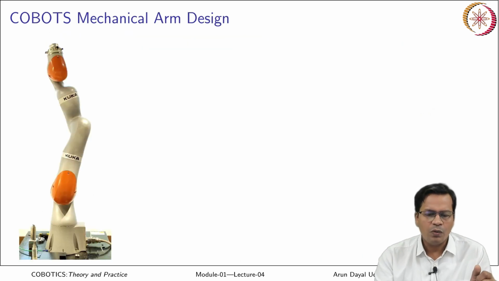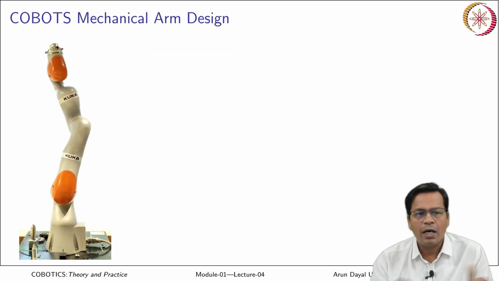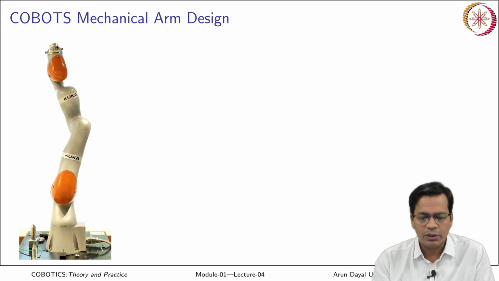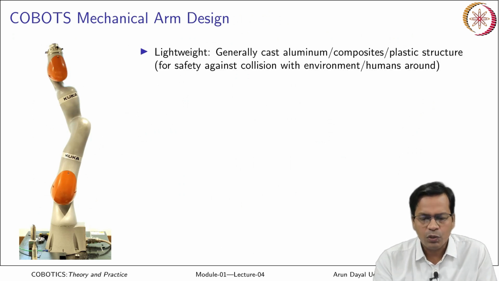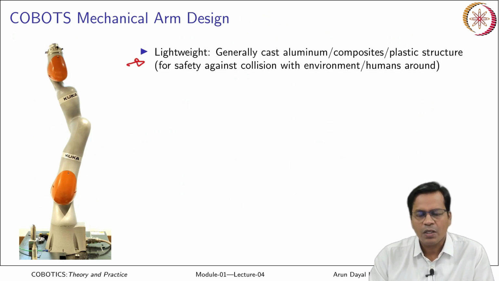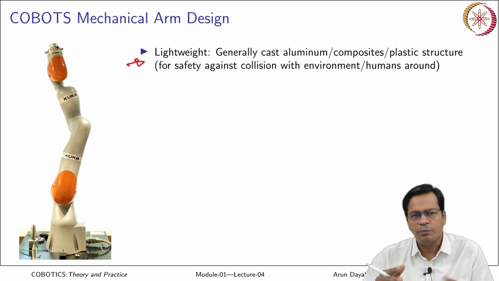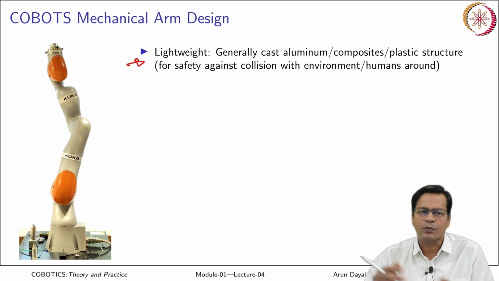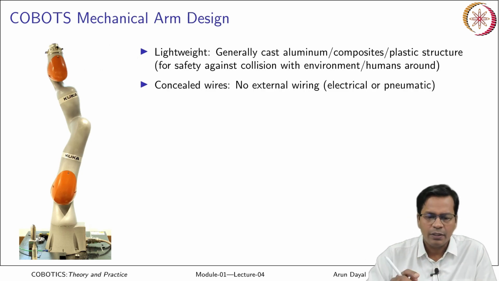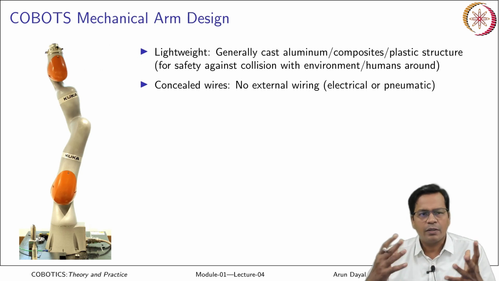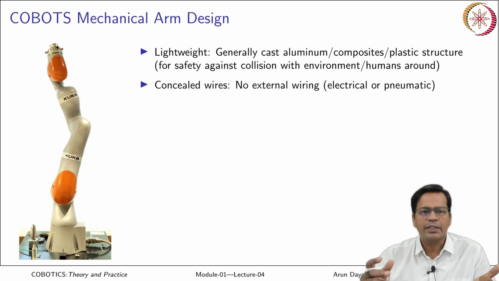Okay, so now cobot mechanical arm design. What does it take to design such an arm? It should be a lightweight arm. Generally it is cast with aluminum, composites and plastic structures for safety against collision with the environment or humans around. So the surfaces are very soft because of these materials.